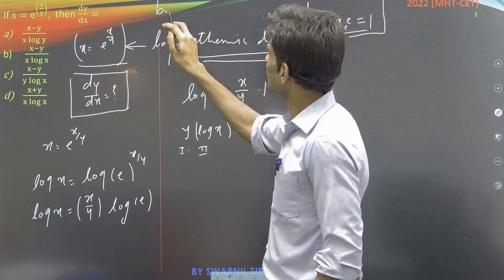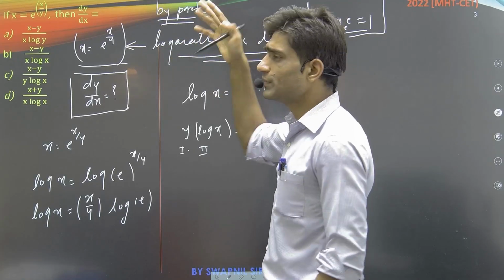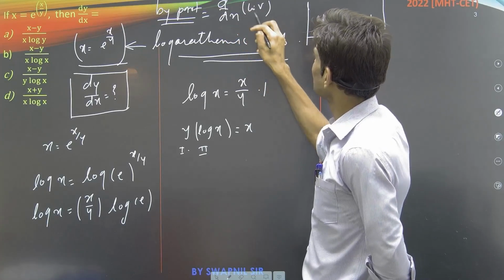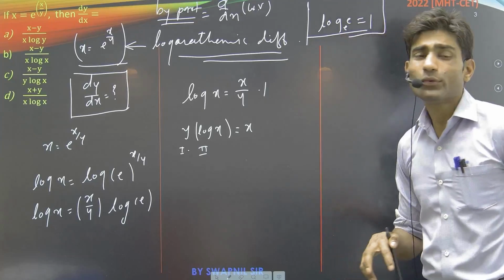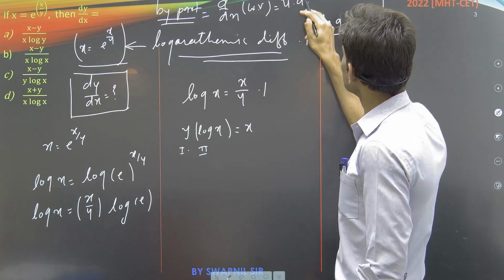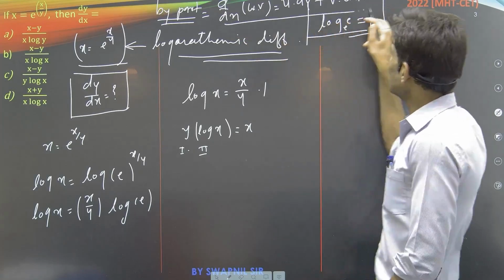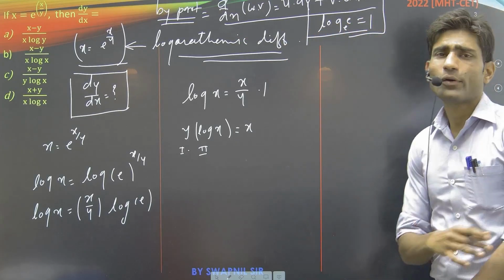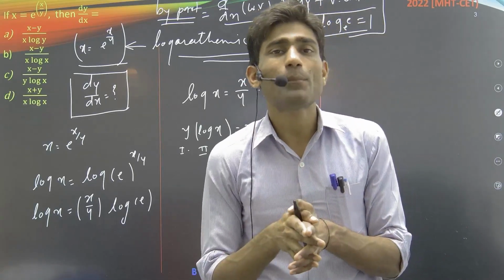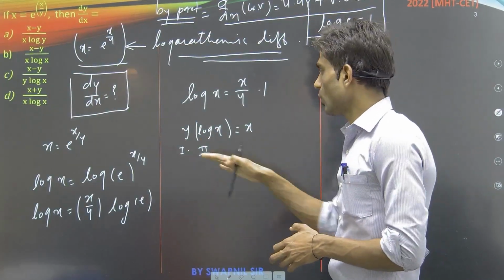It says that when we have multiplication of a first function into a second function, that is d by dx of u into v, we take the first function as it is into the differentiation of the second function, plus the second function as it is into the differentiation of the first function. This applies when these two functions come as a product. Now see, first function into second function, so apply the product rule.